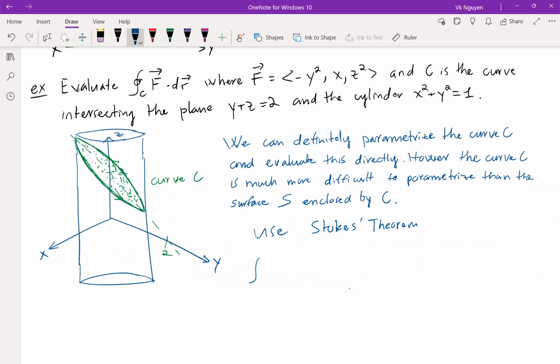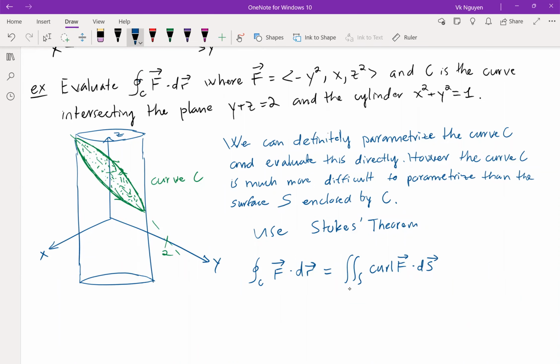Instead of doing the circulation, if we do this instead here, well, we can parameterize S.